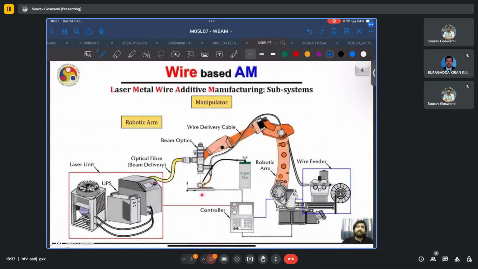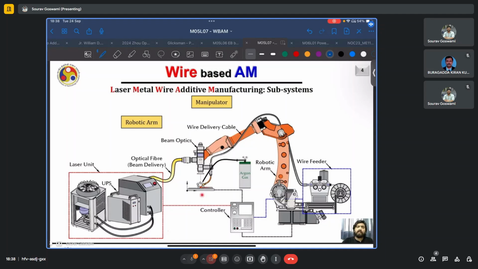This is a generic schematic of a robot or robotic arm based wire laser beam additive manufacturing process. This is the laser unit, which will typically have a chiller, a lasing unit, a UPS also, and the laser is then delivered to the deposition head via an optical fiber. The optical fiber connects to the deposition head, which is mounted on the head of the robot.